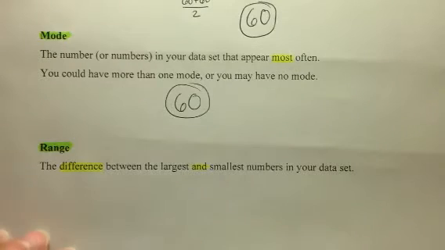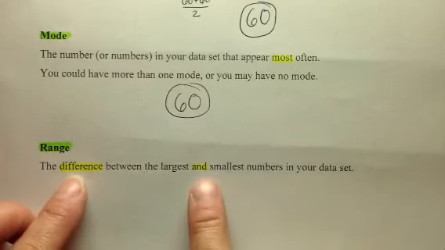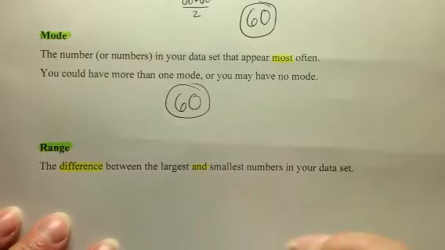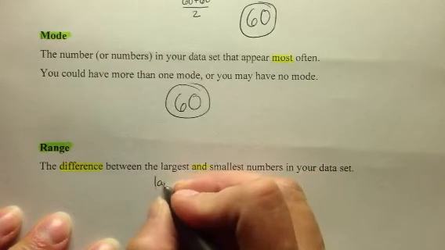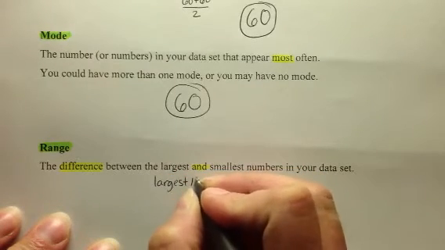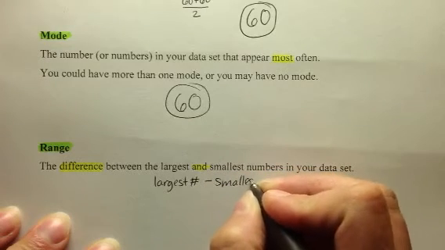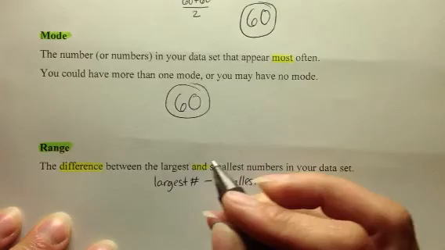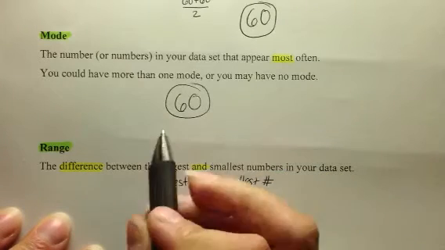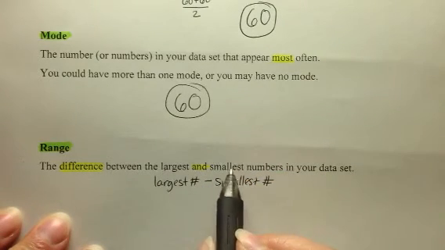So remember that when we talk about difference, we look for the word and that's what we're subtracting. So we're going to do the largest number minus the smallest number.